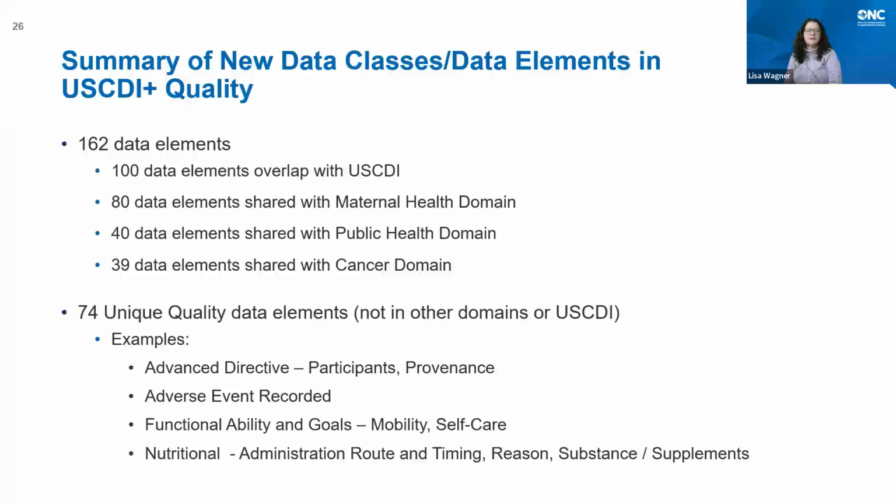We're also doing the overlap in other domain areas, as I mentioned earlier, to see where there's alignment and harmonization that needs to take place. But there are also unique data elements included in the USCDI Plus quality data element list, including a few that I've listed here around advance directives, adverse events, and functional ability and goals. Next slide, please.